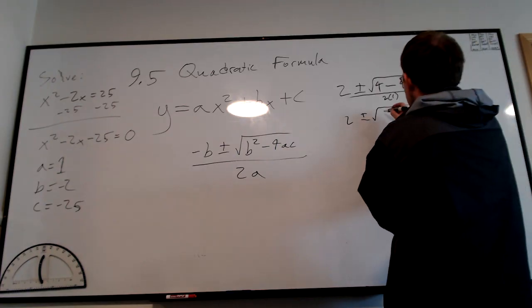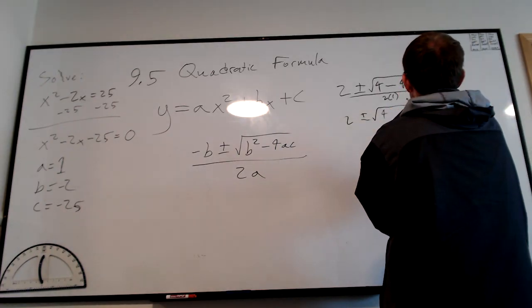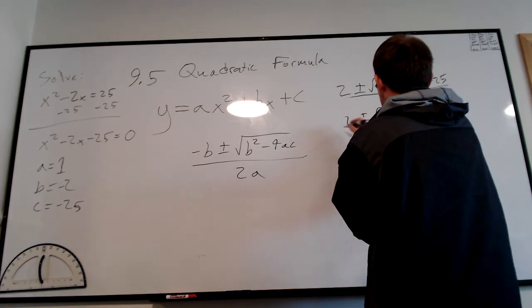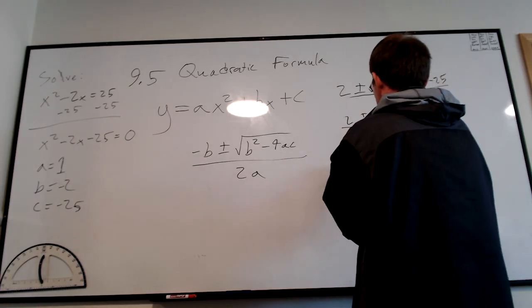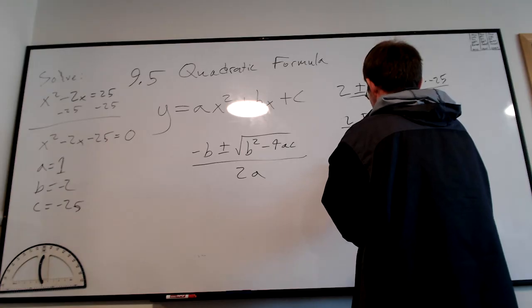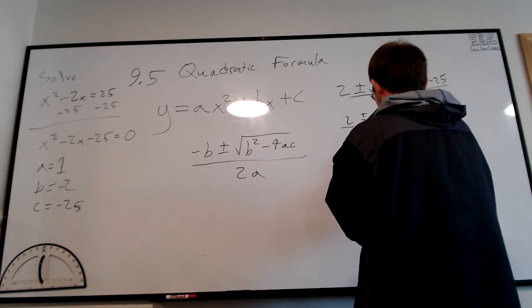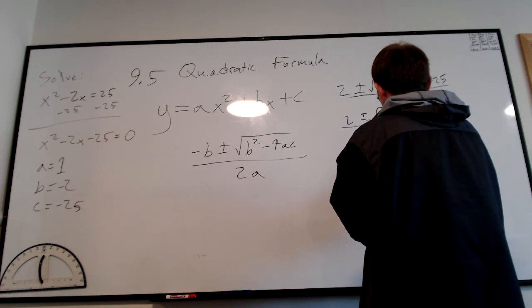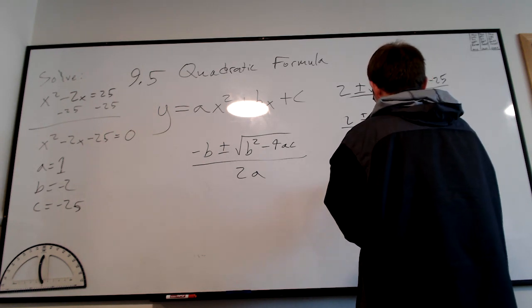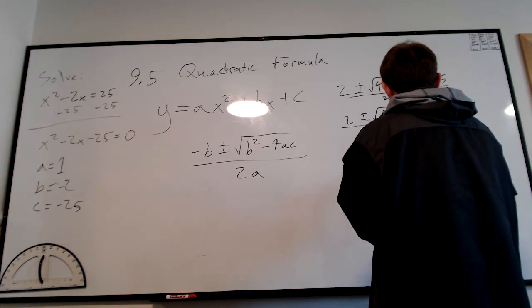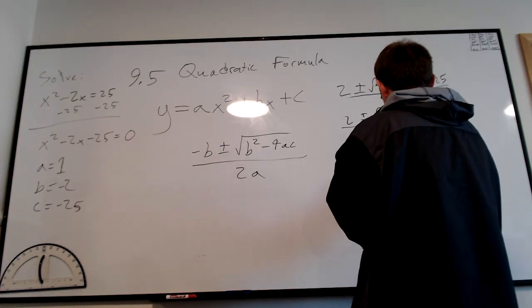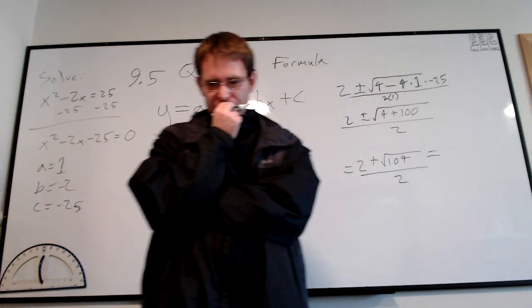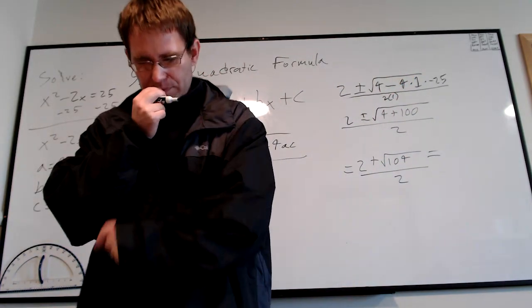So it's going to be 4 plus 100. So that's all over 2, which is then going to equal 2 plus the square root of 104, which equals what? 106. Wait, isn't that? Oh wait.